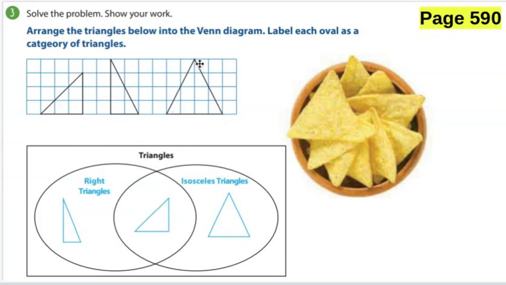All the sides, the left and the right here are the same, and these two sides here are the same. So, an isosceles is not all the sides that are the same, it's when 2 sides are the same. So this triangle is a right triangle, but it's also an isosceles triangle. So that's why it's right in the middle and shares both those ovals.